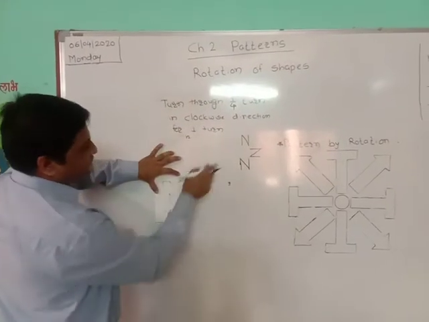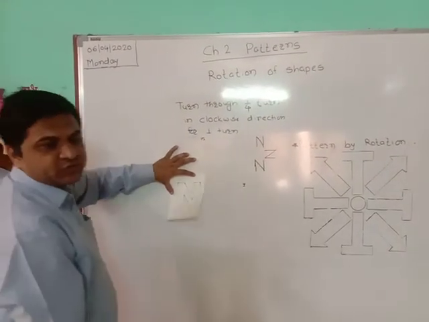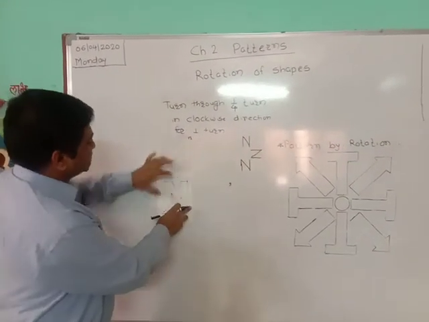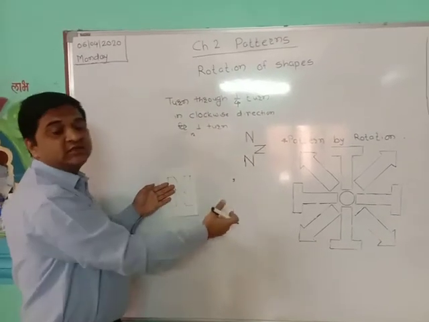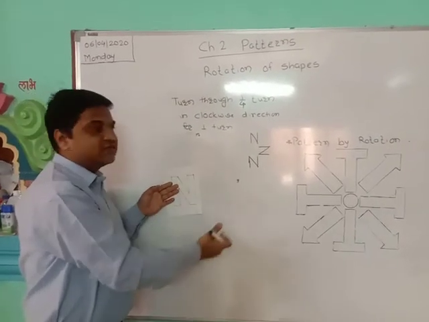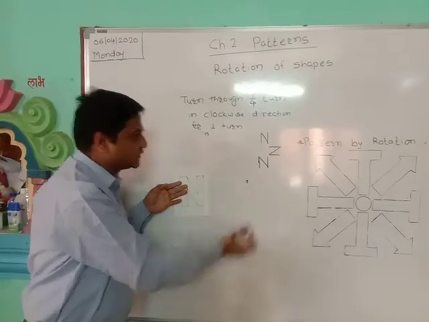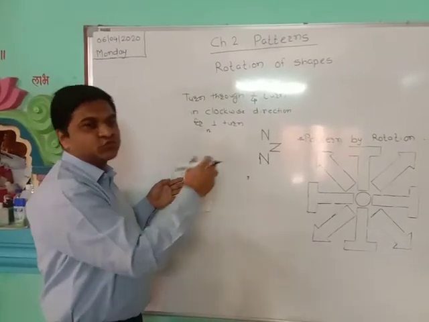There are a few alphabets or shapes which, after turning either through 90 degrees or 180 degrees or any particular interval, look like their original shape.